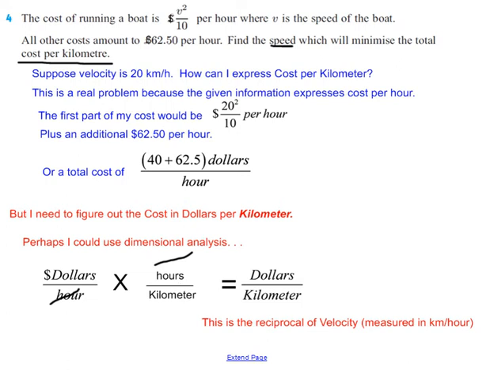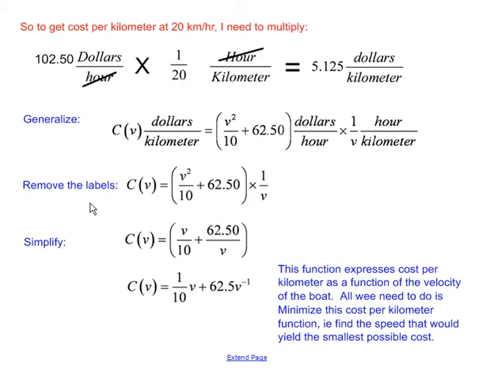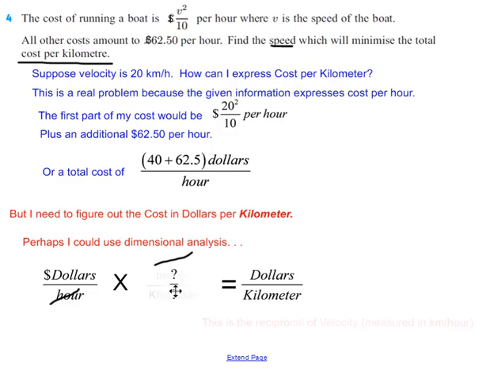So let's put this together. Once again, we've got hours per kilometer times dollars per hour, and hours per kilometer is the reciprocal of velocity measured in kilometers per hour.